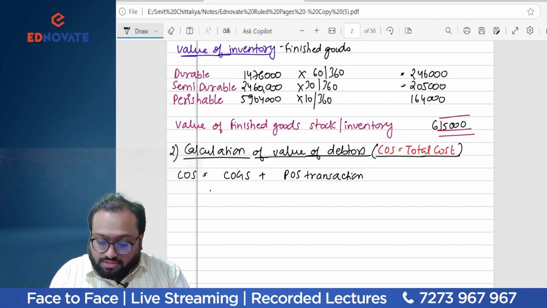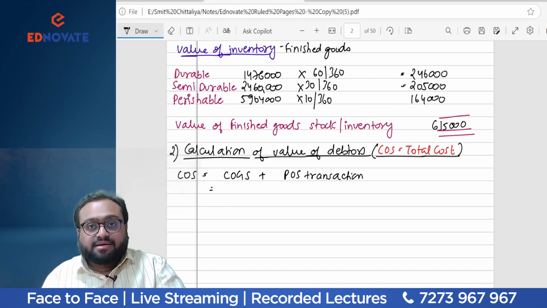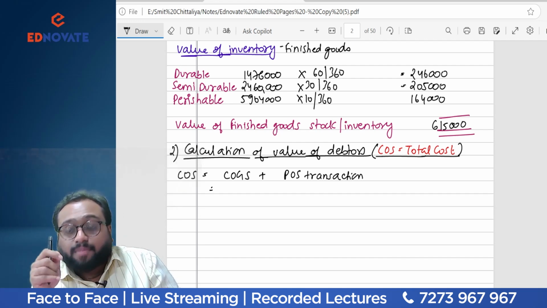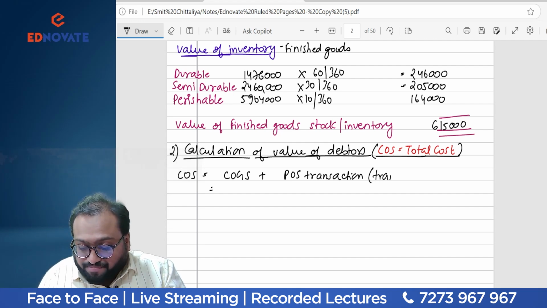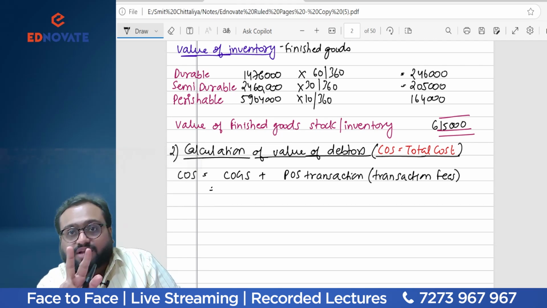Now how to find out this? COS will be COGS plus the POS transaction. Now what is this POS transaction? The transaction fees incurred for making the sales, the 2% transaction cost.